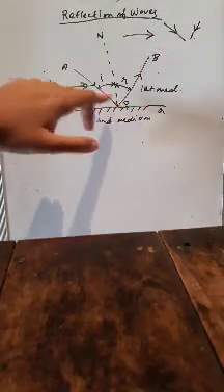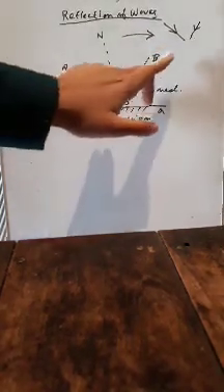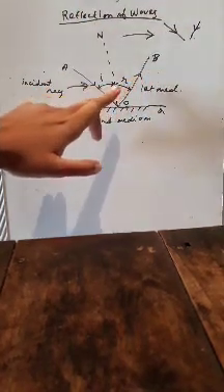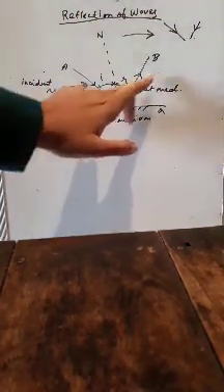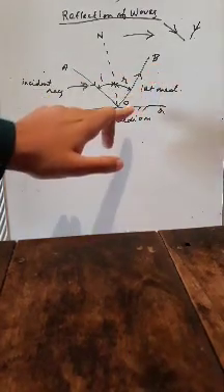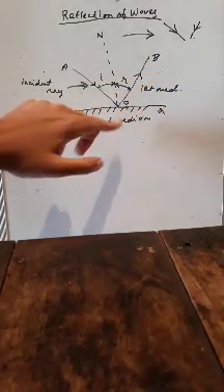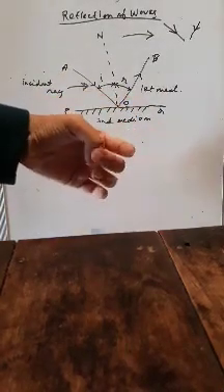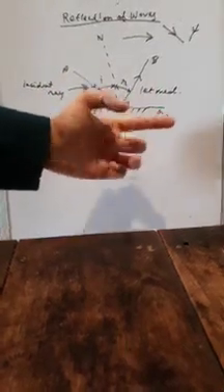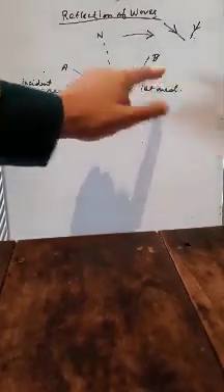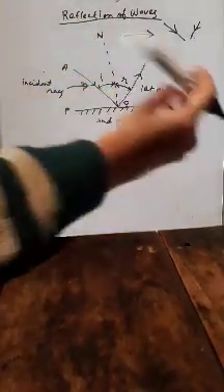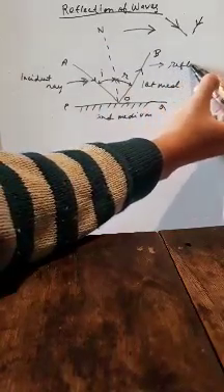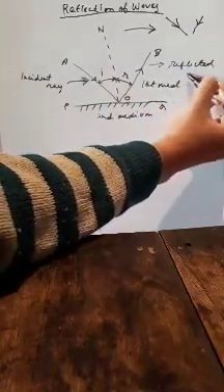This ray which is returning back to the previous medium from the point of interface is known as the reflected ray. In your chapter on reflection of light, you have used the same concept. This is your reflected ray.